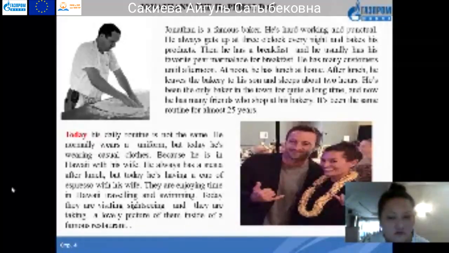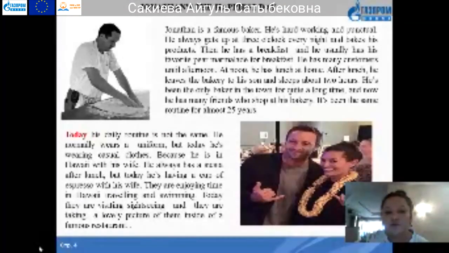Do you know? Siesta is a short sleep during the daytime. But today he is having a cup of espresso with his wife. They are enjoying time in Hawaii, traveling and swimming. Today they are sightseeing, and they are taking a lovely picture of themselves inside a famous restaurant.